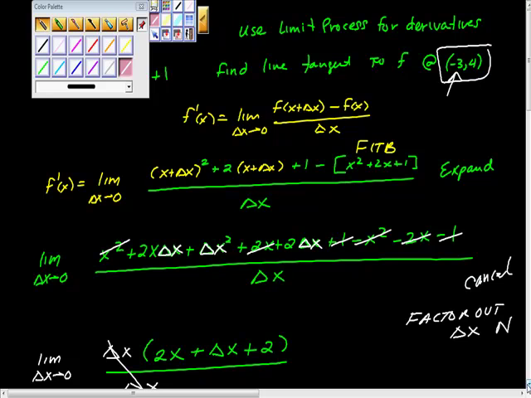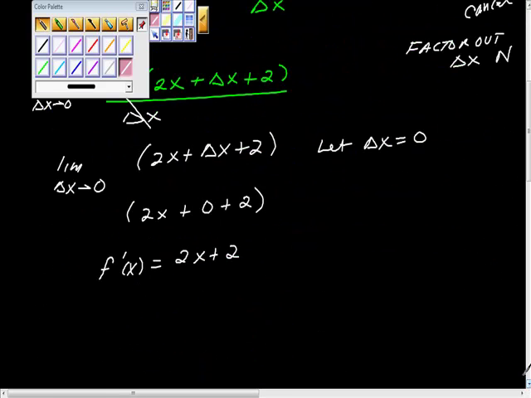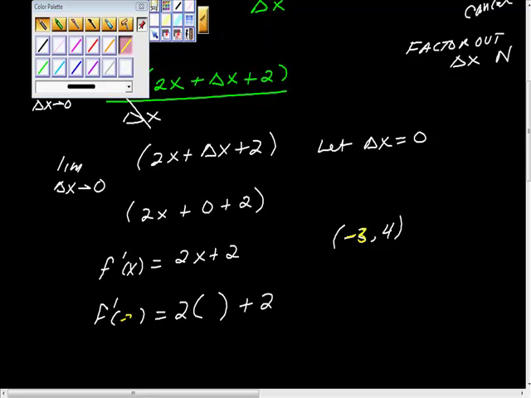We have the point negative 3, 4 from the top, right? So now we want f prime at negative 3. So negative 3 goes here, doesn't it? Because this is the slope, and we want the slope at that point.